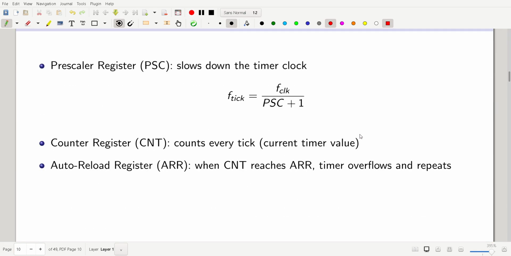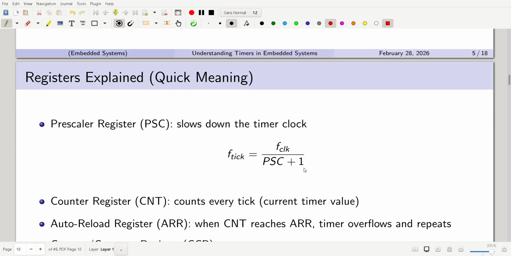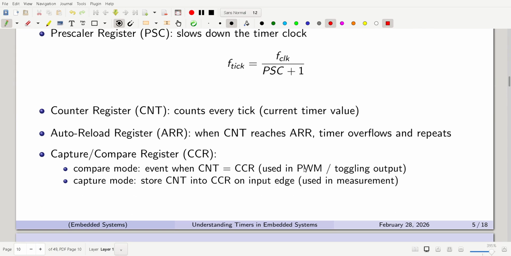Auto reload register: when the CNT count register reaches the auto reload register value, the timer overflows and repeats. Capture and compare register, compare mode: an event occurs when CNT equals CCR, used in PWM for toggling the output, like 0 to 1, 1 to 0.